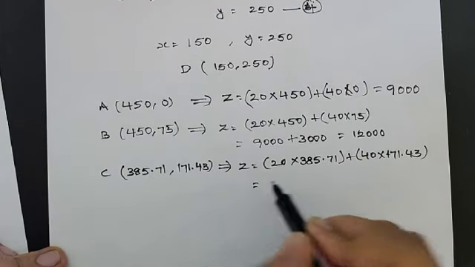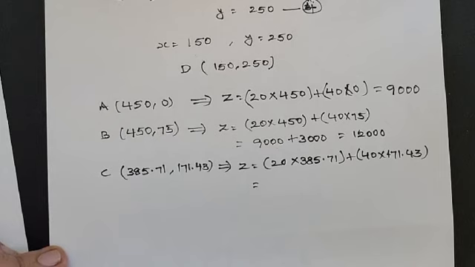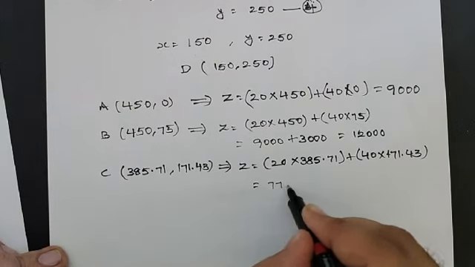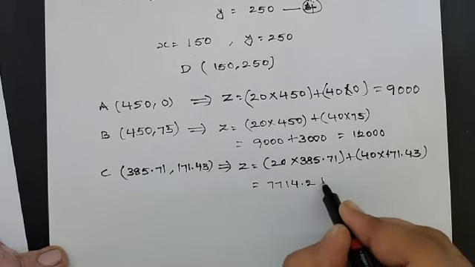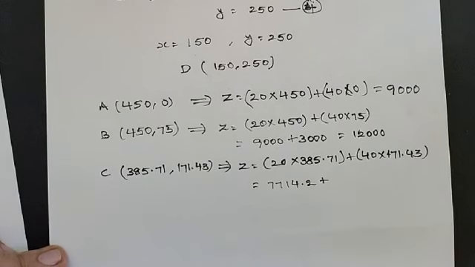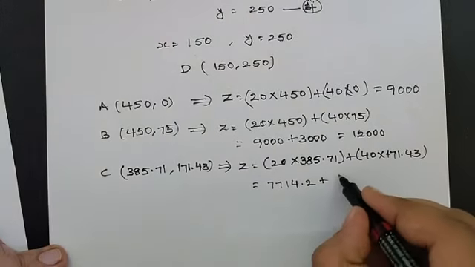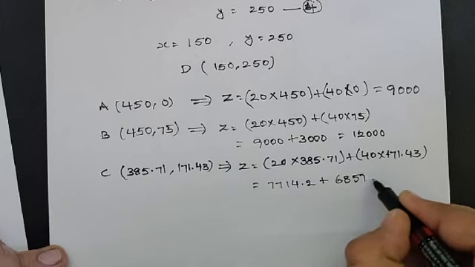So substitute that, then you will get first 20 into 385.71, you will get 7714.2, plus 40 into 171.43, which equals 6857.2.